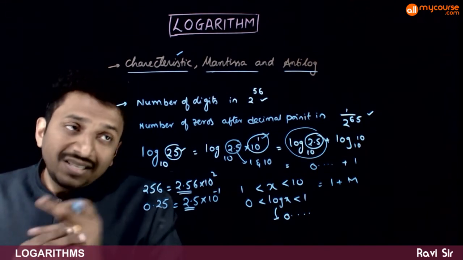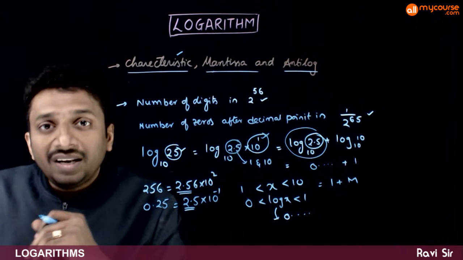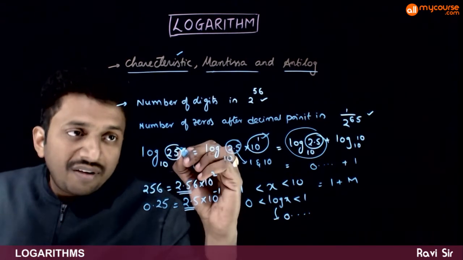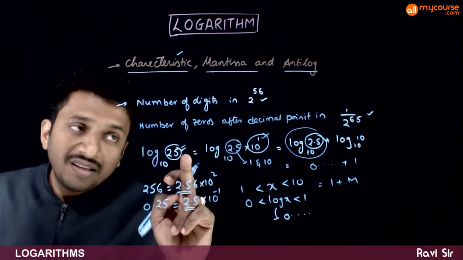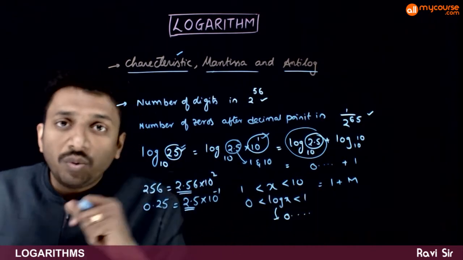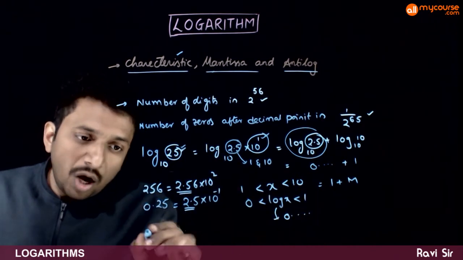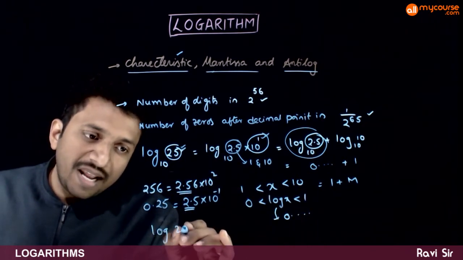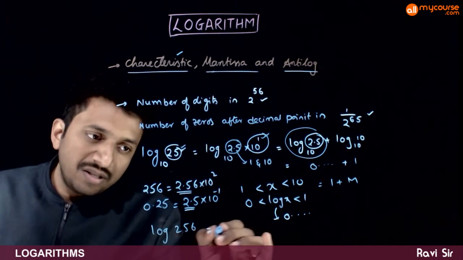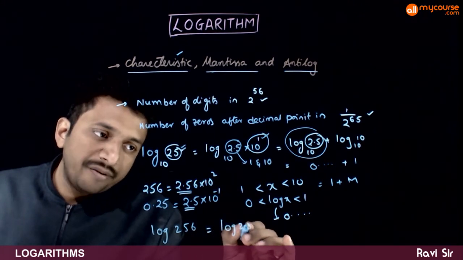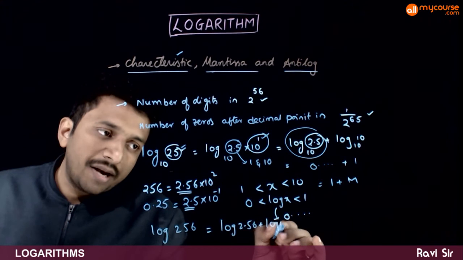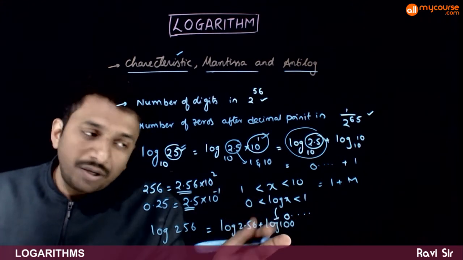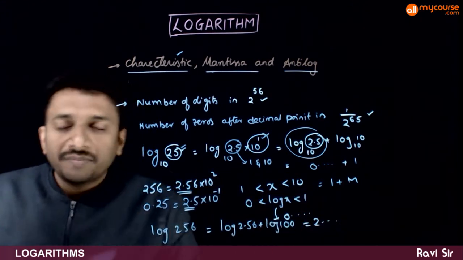Now, how is this characteristic related to the number of digits? If 25 has 2 digits, the characteristic will be equal to 1. So let us take log 256. If the number has 3 digits, this can be written as log 2.56 plus log 100. Log 100 is nothing but 2. So this will be 2 point something.